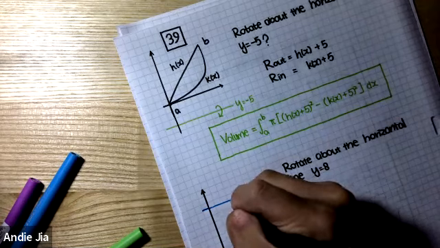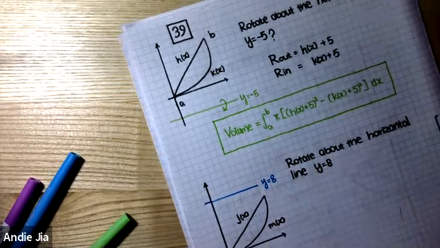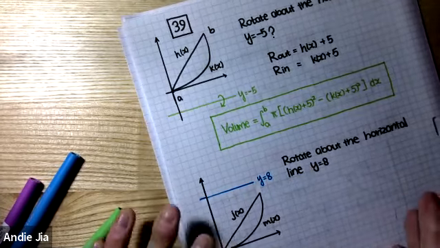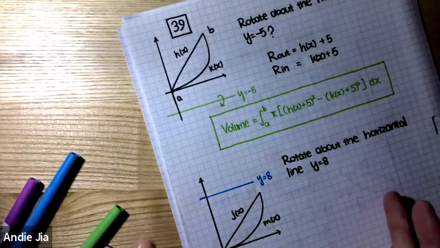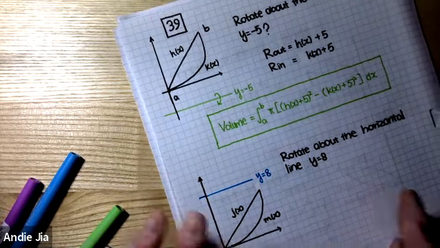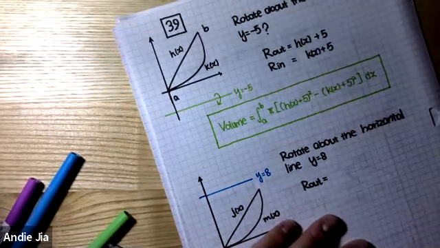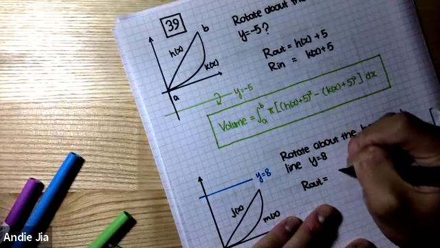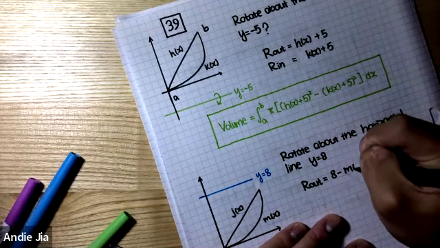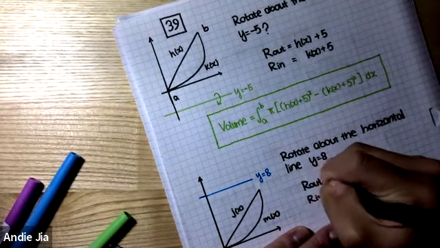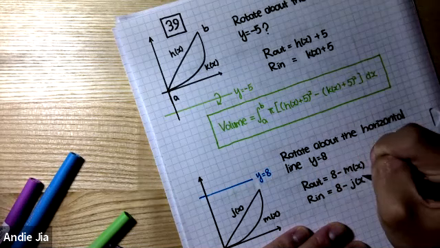Perhaps here's j of x and here's m of x. The radius should be 8 minus j of x for the inner radius, and the outer radius should be 8 minus m of x. So r out is 8 minus m of x, and the inner radius is 8 minus j of x.